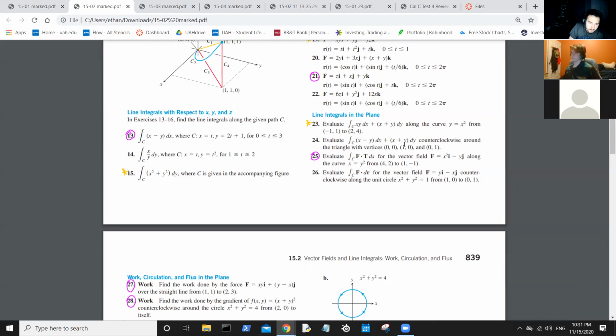Okay. Along the curve, x is equal to y squared, from two points. So it looks like we'll probably have to define our own bounds here, or you just set stuff in terms of t. Yeah, so I guess we can define y equal to t and then x is equal to t squared.